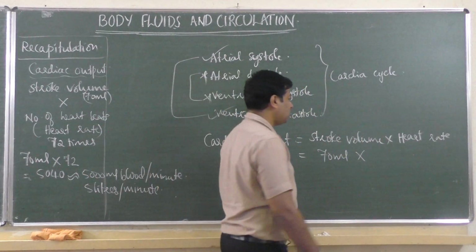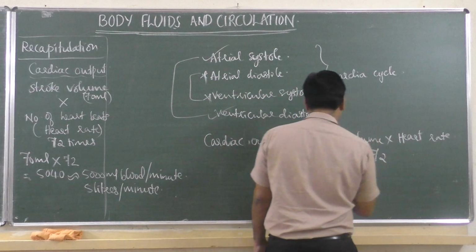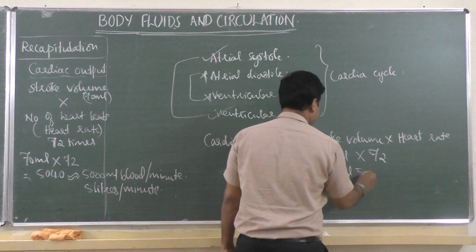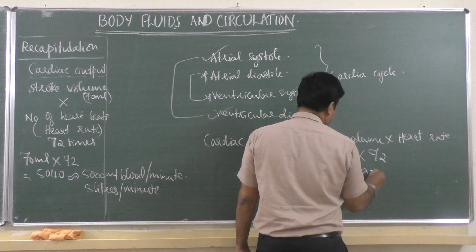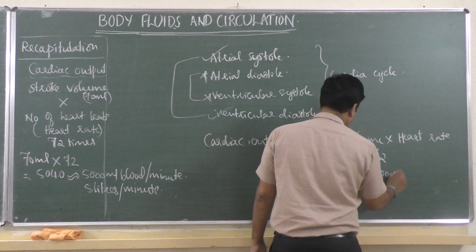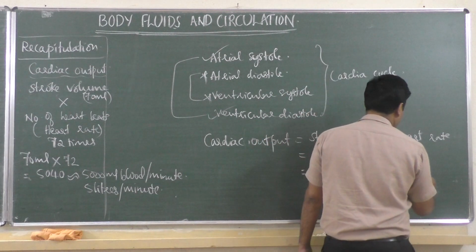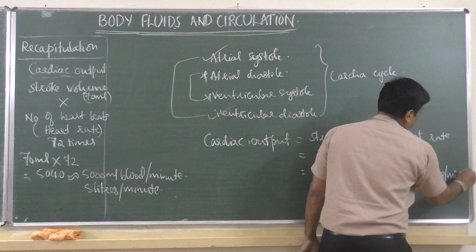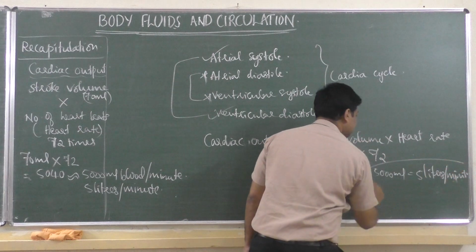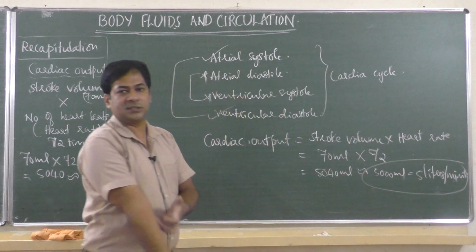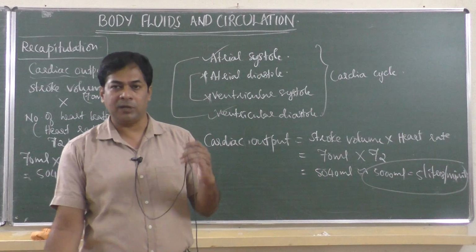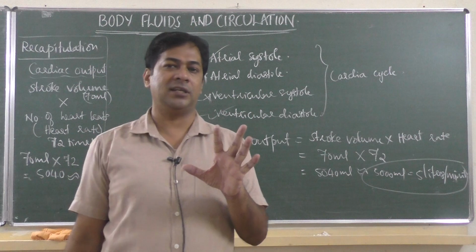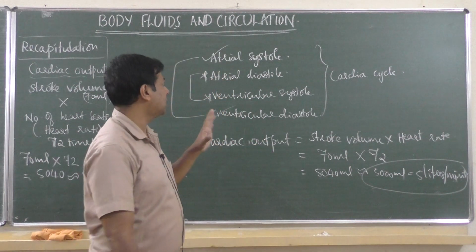So we get 5040 ml, approximately 5000 ml or 5 liters of blood pumped by the heart in 1 minute. This is cardiac output. That is called cardiac output.